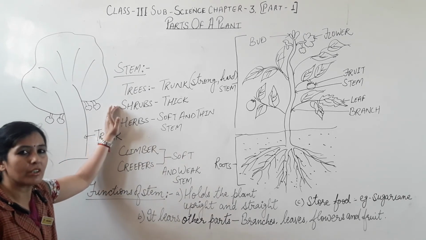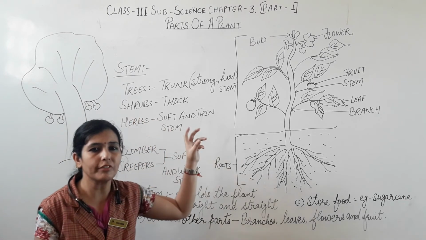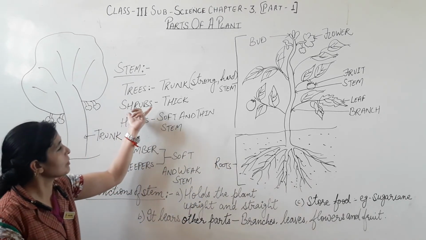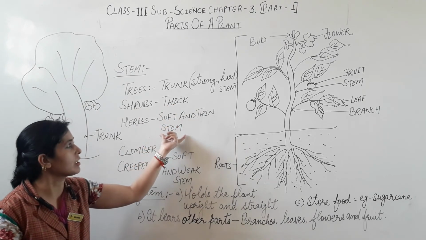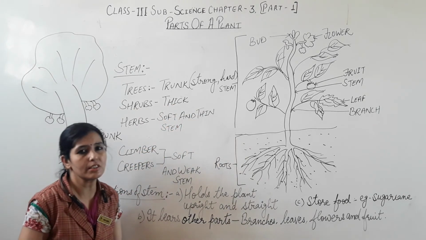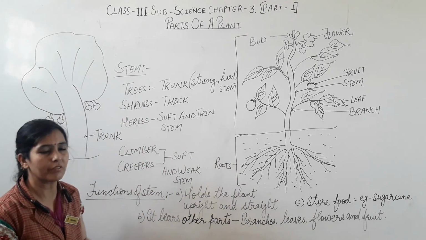If we talk about shrubs and herbs, they have a little soft and thin stem. Shrubs have a thick stem, but it is soft. So we can categorize the types of plants on the basis of the stem.